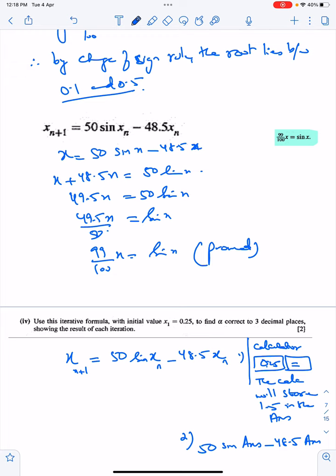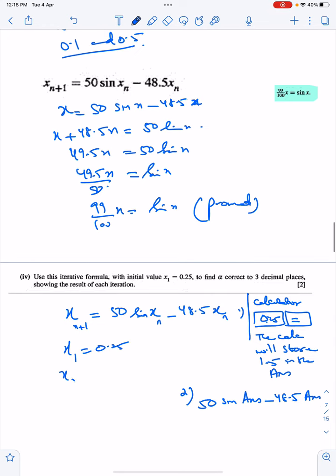Okay, so I'm writing 0.25 and putting the equals sign, so this answer will be stored in my calculator. Now I'm going to write down this equation in the calculator: 50 sin answer, bracket close, minus 48.5 answer. We know that the value of x1 is 0.25.